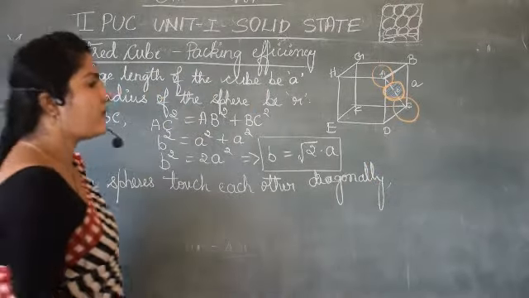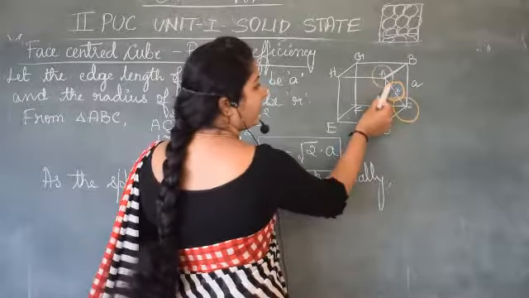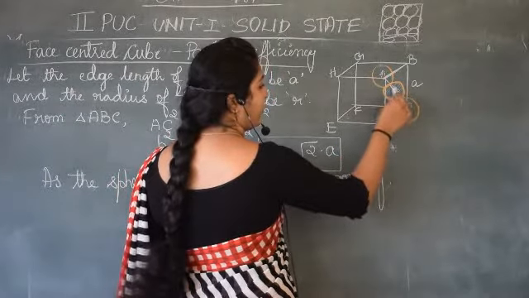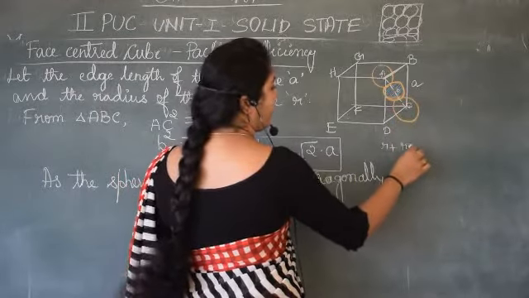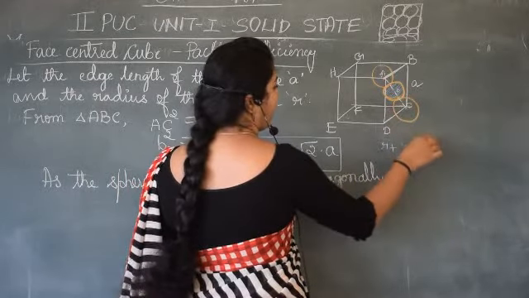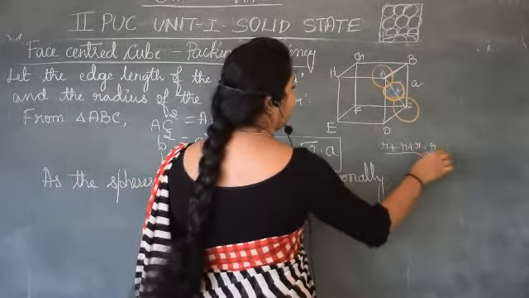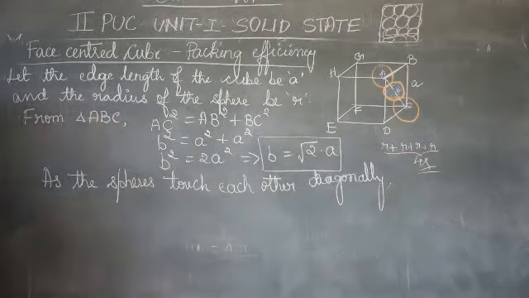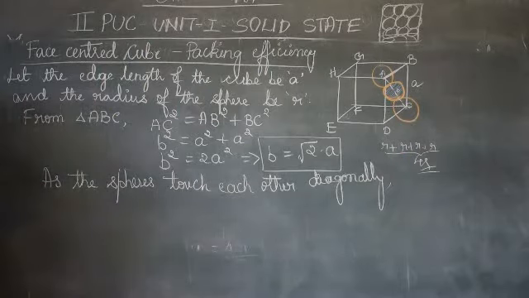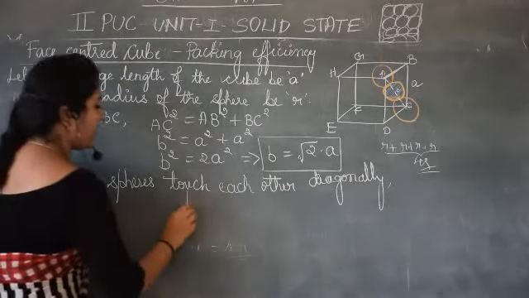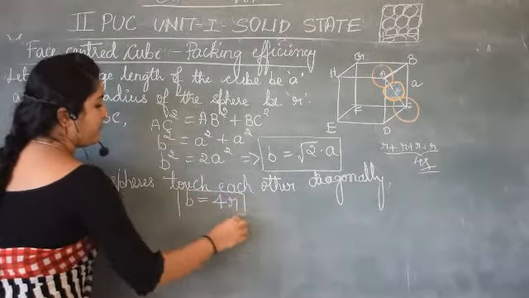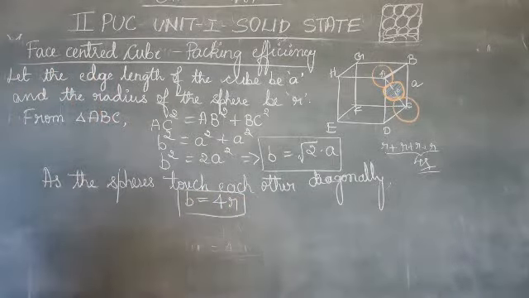Therefore B becomes, you see now, this is half R, 1 R plus here total diameter, so that means 2R, R plus R. Here one more half plus R, so total 4R. You understand how 4R? So since spheres touch each other diagonally, B is equal to 4R.